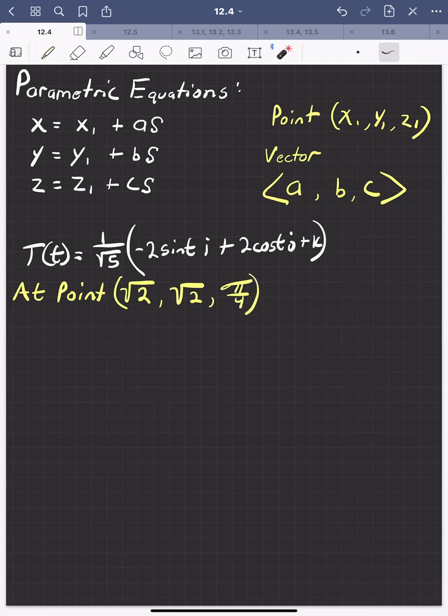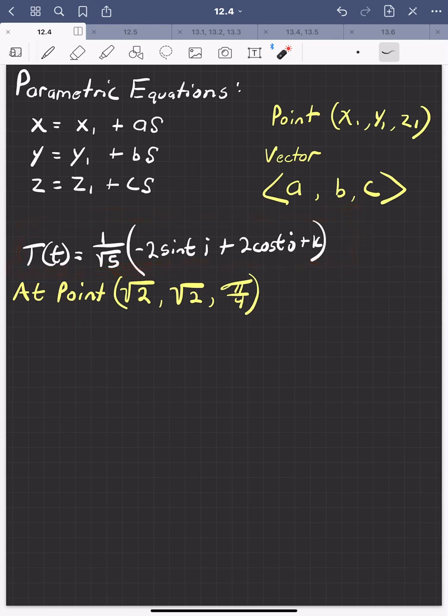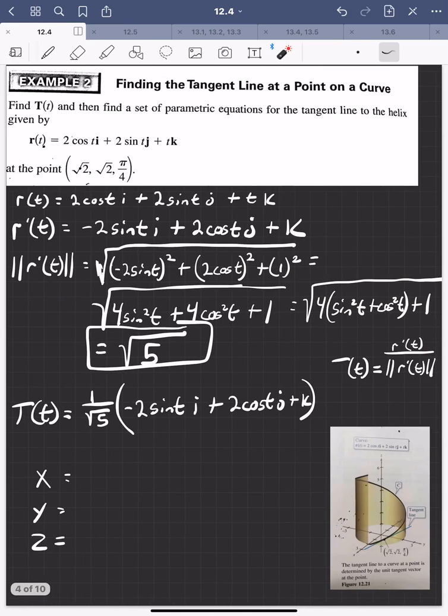So I need to substitute something in for t. In fact, I'm going to give you a second to consider this question. Ready? What should I plug in for t into this vector? Go back, take a look.